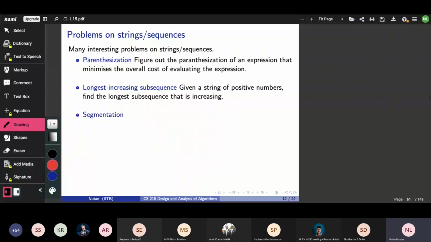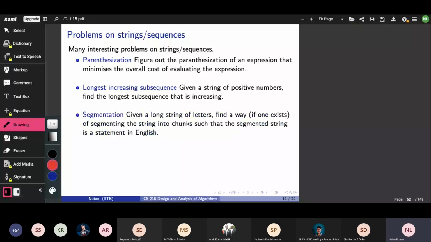Another interesting problem that one could consider is, given a long string of letters, find a way of segmenting the string into chunks such that the segmented string is a statement in English.